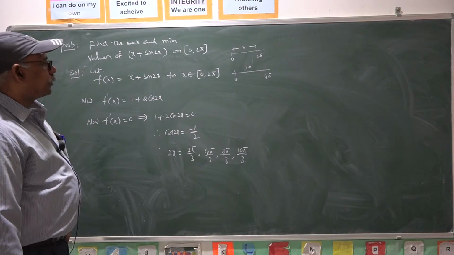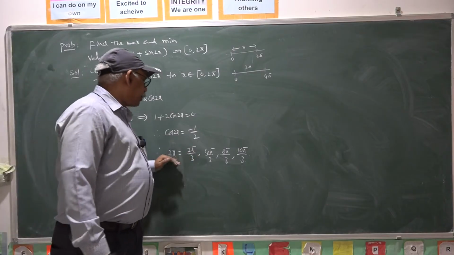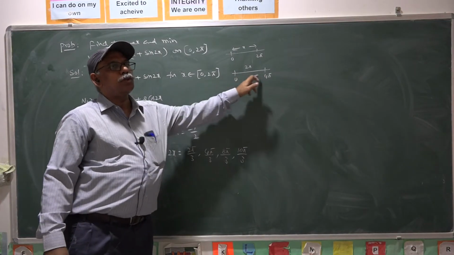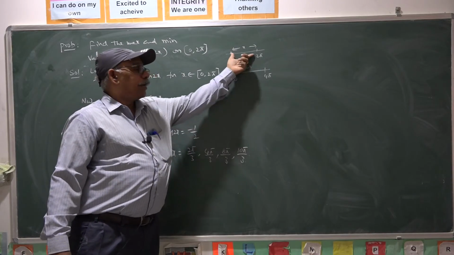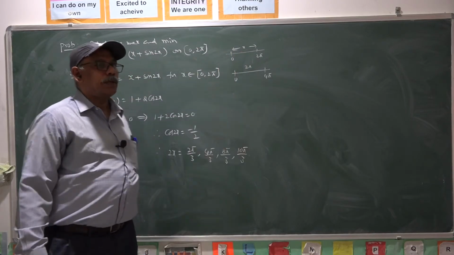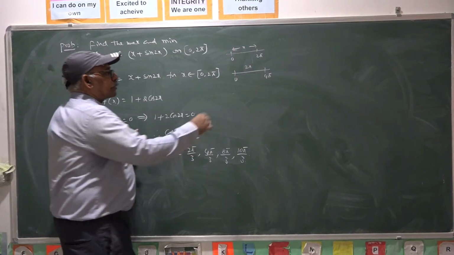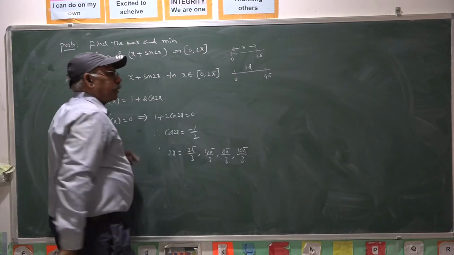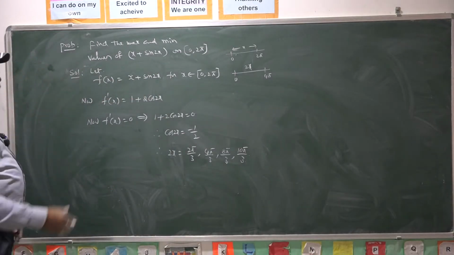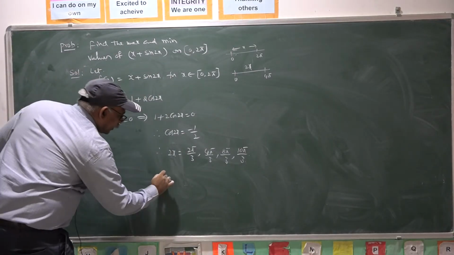So 2x takes all these values because the values of 2x must lie in 0 to 4 pi. Once 2x lies between 0 and 4 pi, x lies between 0 and 2 pi. That's why I am taking all these values.